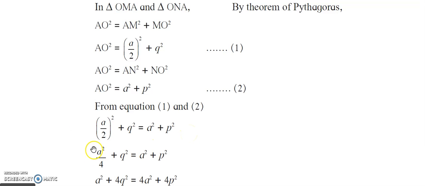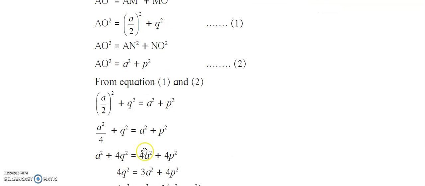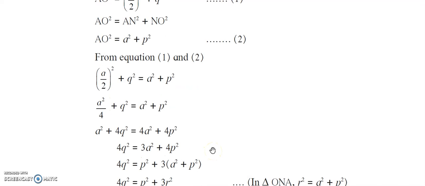Now simplify this: a square upon 4 plus q square is equal to a square plus p square. Multiply on both sides by 4. Then you will get a square plus 4q square is equal to 4a square plus 4p square. Now what is happening again? 4q square is equal to 3a square plus 4p square.